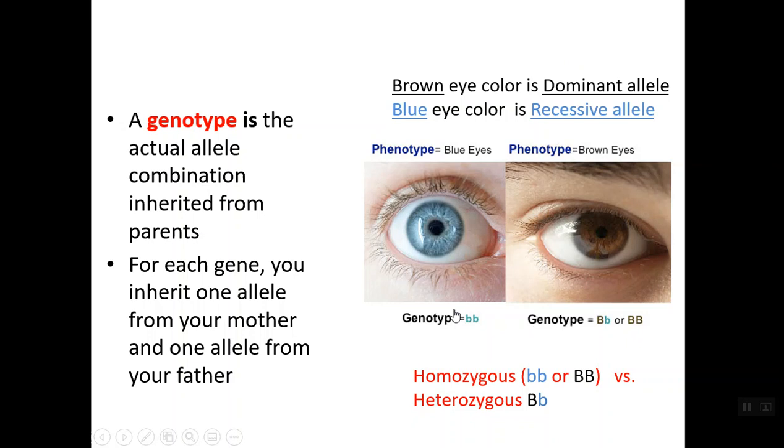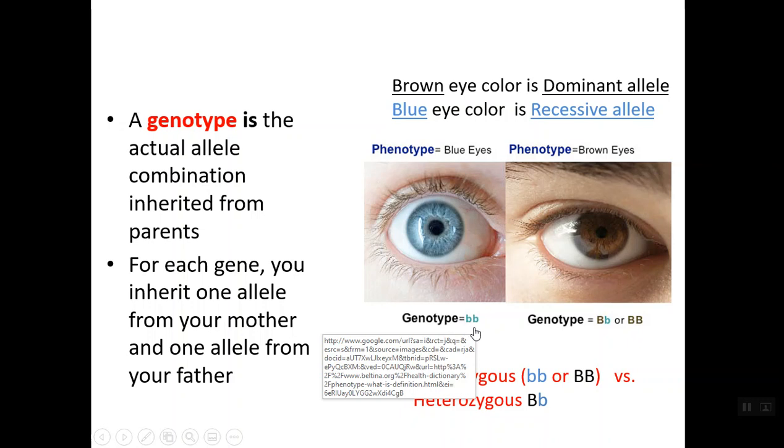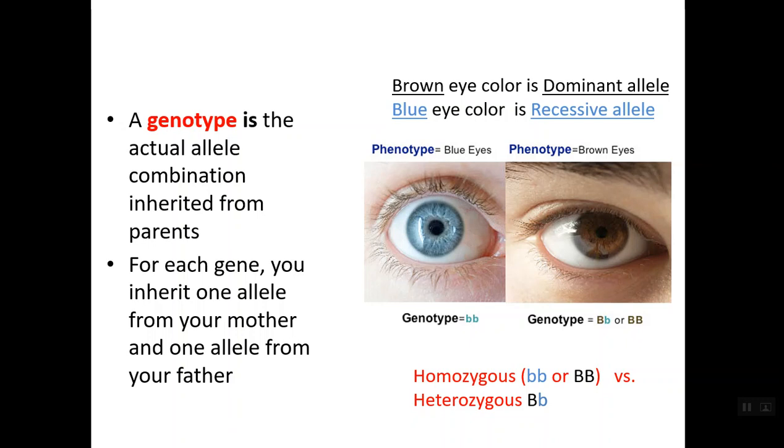Because blue eye color is a recessive allele, whenever you are in front of a person with blue eyes, you know that that person has a homozygous genotype, which is of this kind, lowercase b, lowercase b. Remember, the recessive alleles are indicated with lowercase letters.